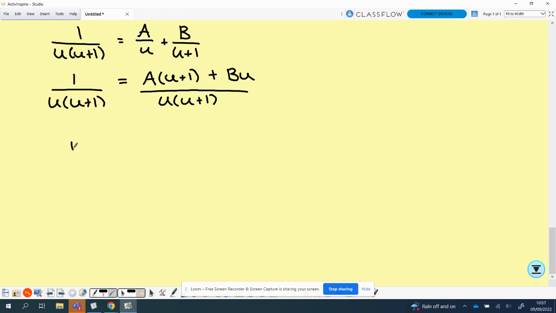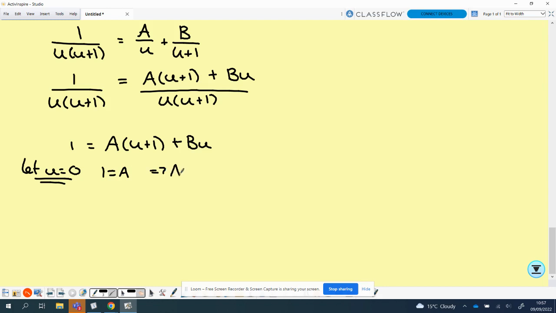So therefore 1 will equal a u plus 1 plus b times u. Okay, so if we let u equal 0, first of all, that will cancel the b constant, so therefore I'm going to have 1 equal a, so therefore a is the value 1. If we then let u equal negative 1, that will cancel the a bracket, so therefore 1 will equal negative b, therefore b equals negative 1.